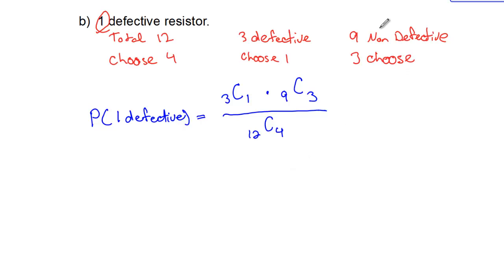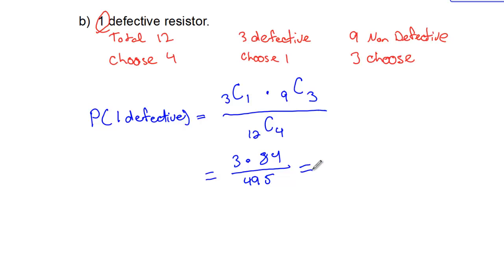Doing our calculations, 3 choose 1. There's 3 different ways of doing that. 9 choose 3 comes out to be 84. And we've already done the 12 choose 4, which is 495.